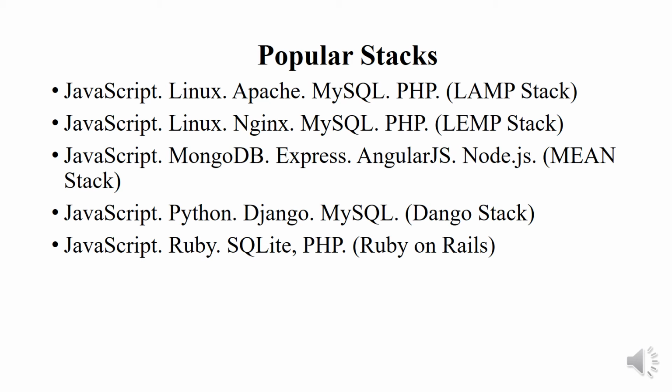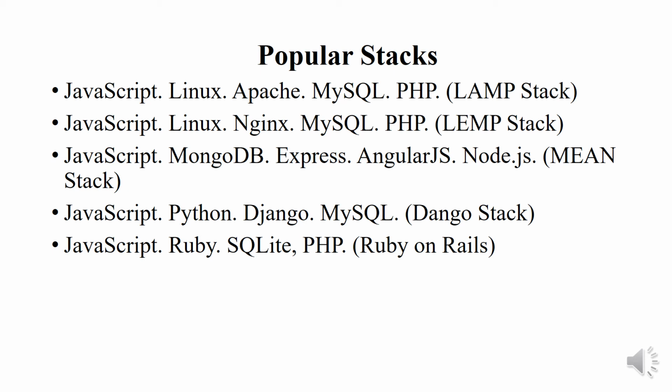There are some popular stacks: JavaScript, Linux, Apache, MySQL, PHP for the LAMP stack; for the LEMP stack, JavaScript, Linux, Nginx, MySQL, PHP. For the MEAN stack, JavaScript, MongoDB, Express, AngularJS, Node.js. For the Django stack, JavaScript, Python, Django, MySQL.